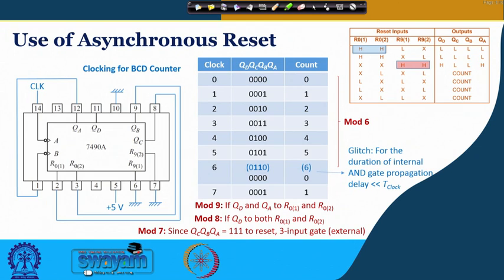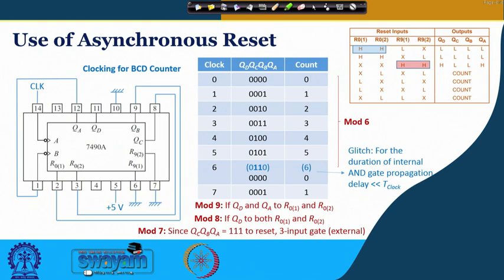It will be clear from today's discussion how asynchronous reset can be used to get different modulo numbers, and how those internal inputs and the internal AND gate come useful in this context. That will eliminate the requirement of an additional external AND gate and another IC, taking more space, wiring and other things.